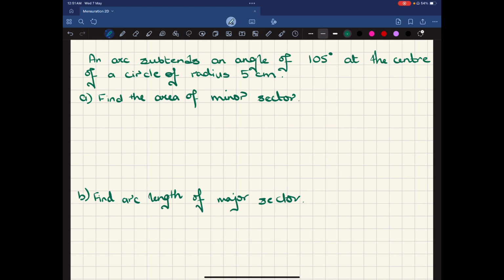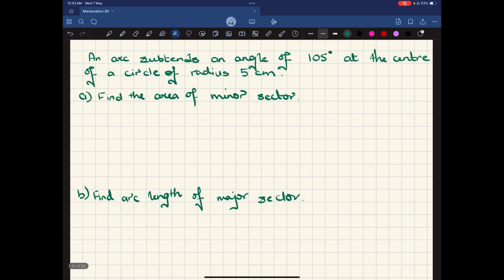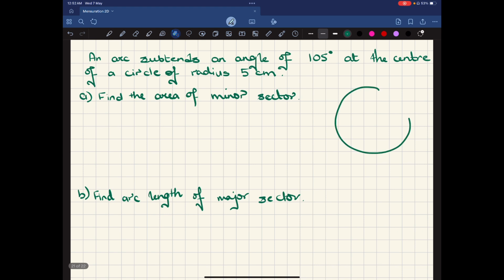Okay, so it's best if you quickly draw a sketch of whatever is given to you in the question. So an arc subtends an angle of 105 at the center of a circle. So let's draw a circle quickly.